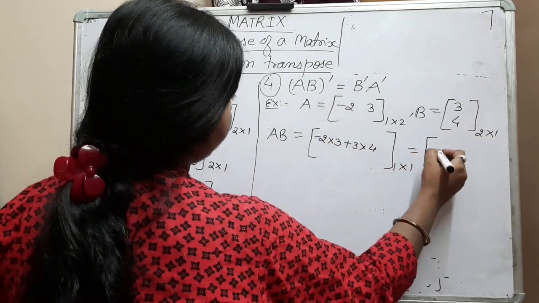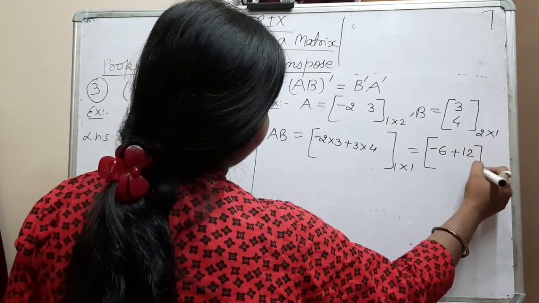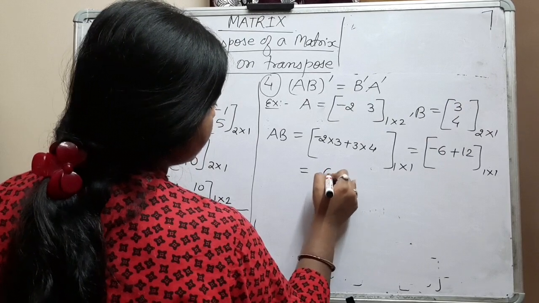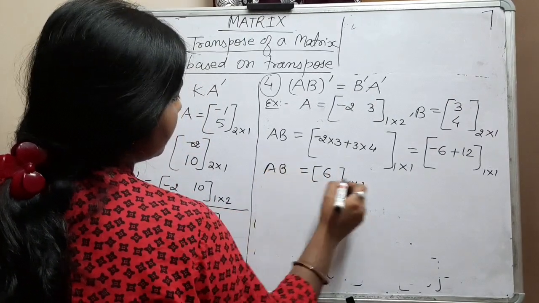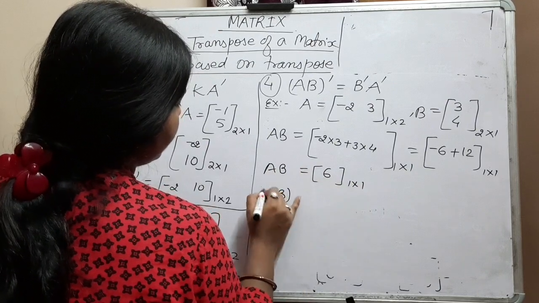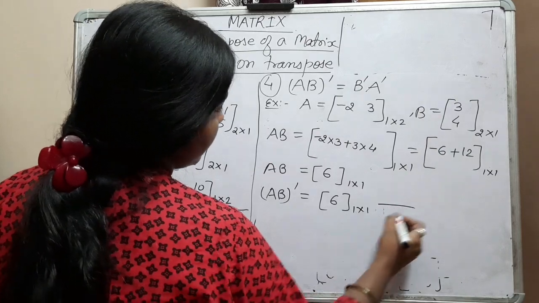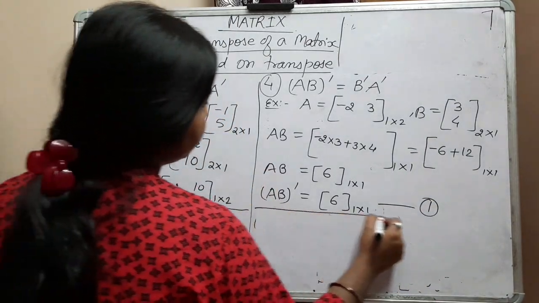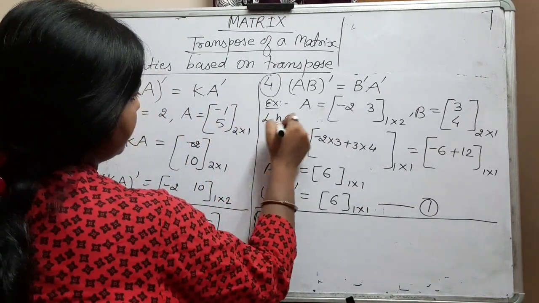Finally we have minus 6 plus 12, so we have the value 6 for AB. We will find the transpose of this. The transpose will be similar, 6 only. So this is equation 1. This is the left hand side.